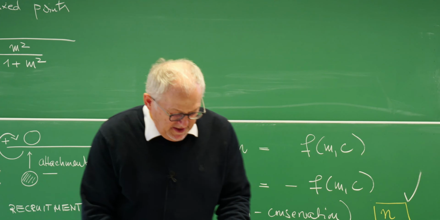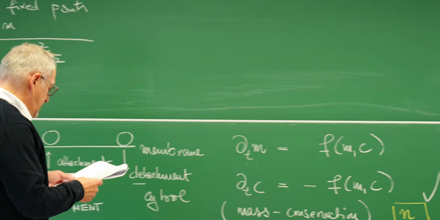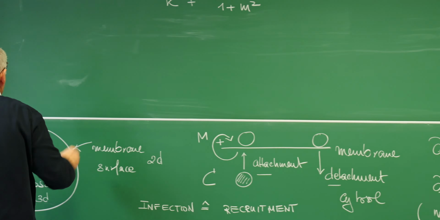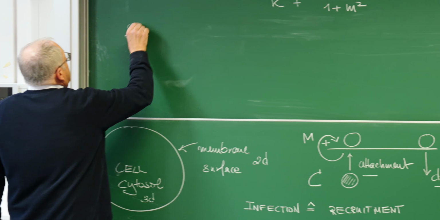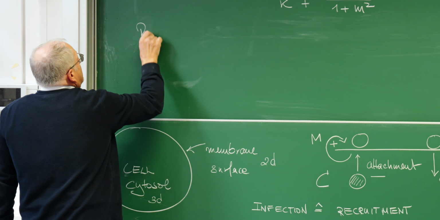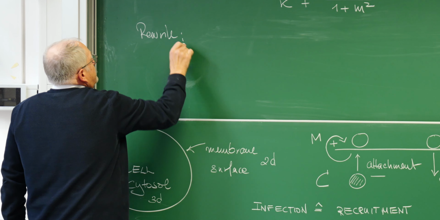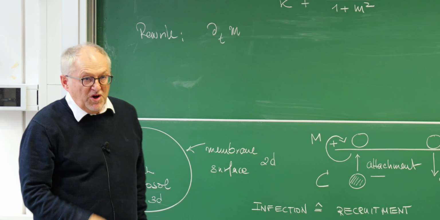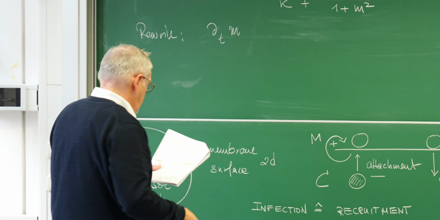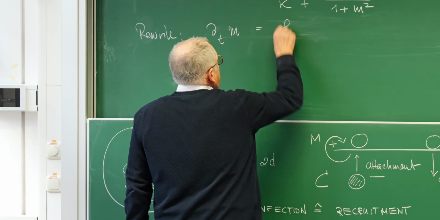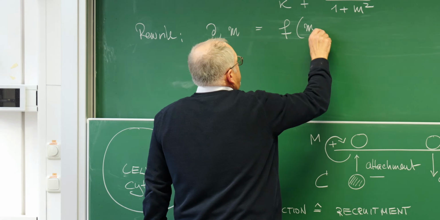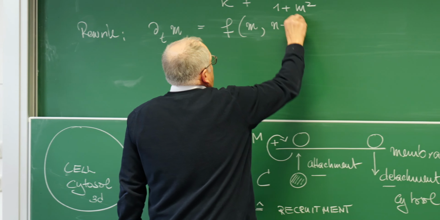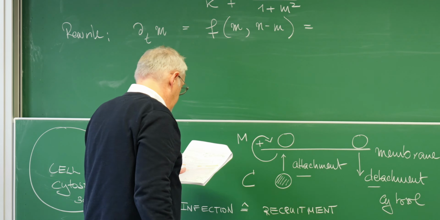So now that you see that, let us analyze stability. For that, we first rewrite the equation as an equation for m alone, because we do have the conservation law. And therefore, we can write it as f of m, and then here for c, we write n minus m.